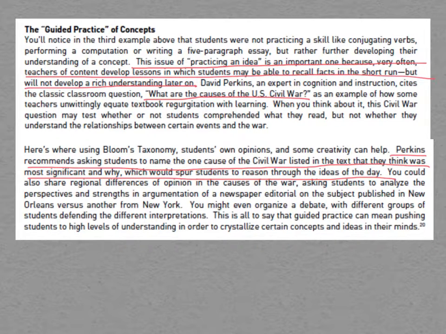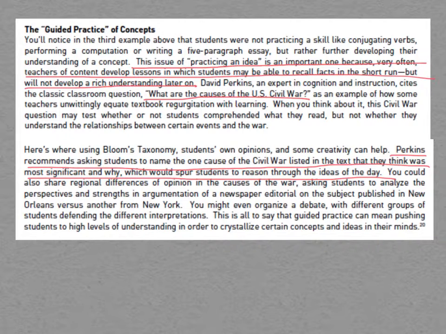Another thing you could do with that same topic is ask the students to name one cause of the Civil War that they think was the most significant and why. They have to justify, rationalize, think through the reasons, and figure out which one's the most important, and why. That's going to help them go a little deeper and internalize the information better.